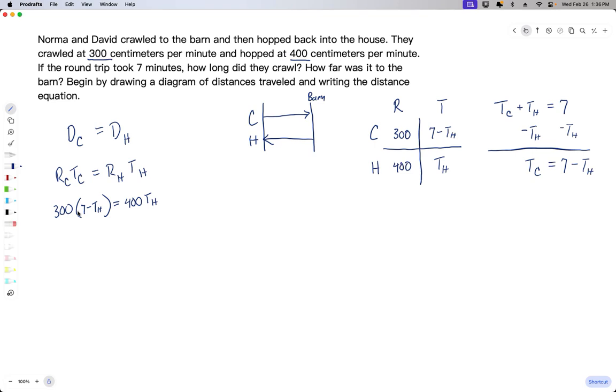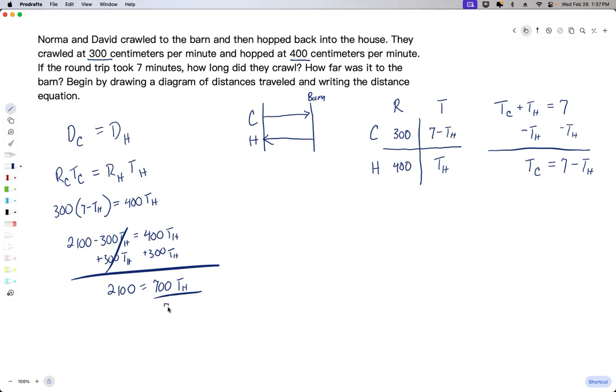Now we multiply. 300 times 7 is 2100 minus 300 TH is equal to 400 TH. I add 300 TH to both sides, and I get 2100, because these cancel, is equal to 700 TH.